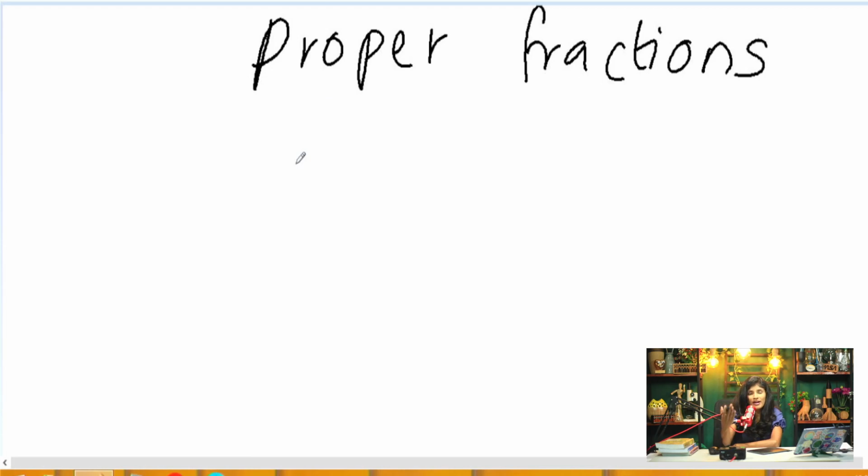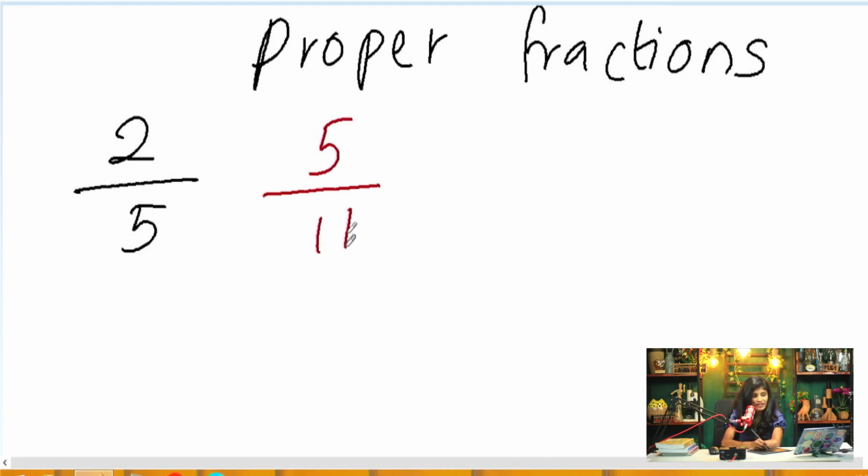The upper one is small, the lower one is large. Like this, 2/5. Now 2 is the numerator, no? The numerator is less than the denominator. 2/5: the upper part is small, the lower part is larger. That's it. Another example, 5/11.